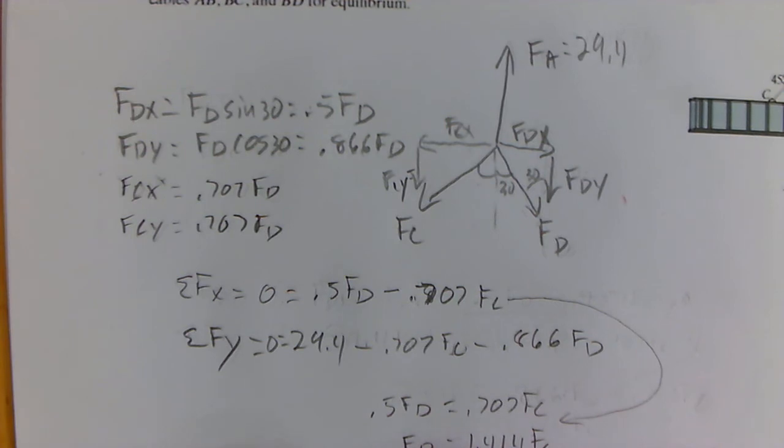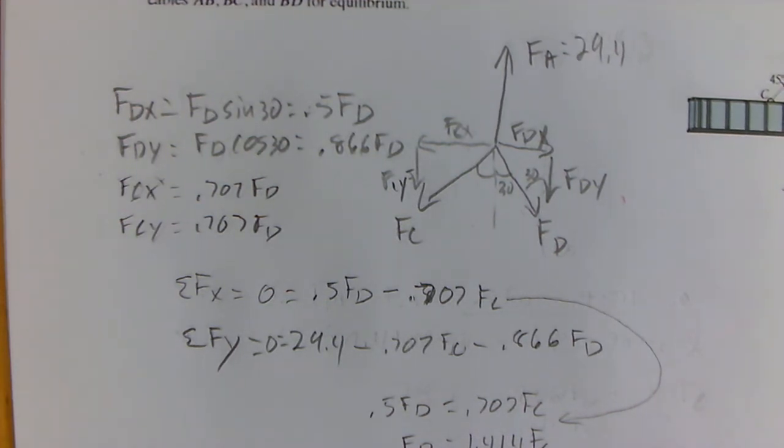So there we get 29.4 equals 0.707 FC minus 0.866 times 1.41 FC. And combining this side, we get 29.4 equals 1.93 FC.